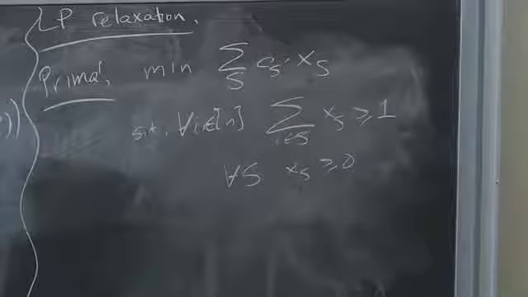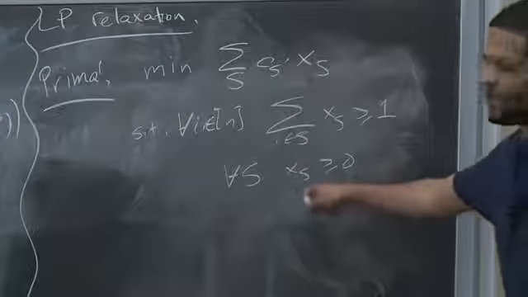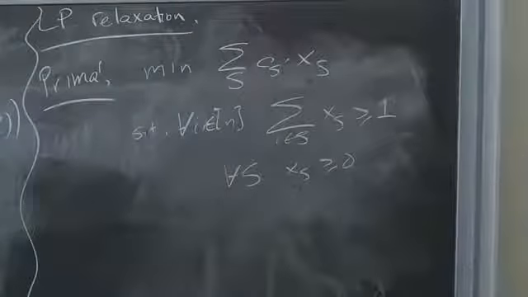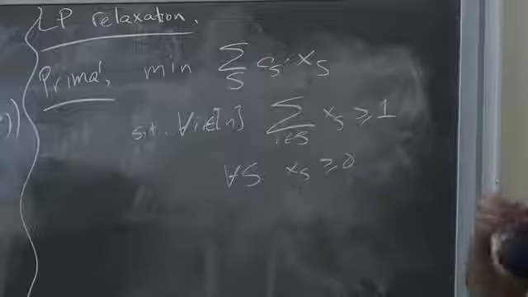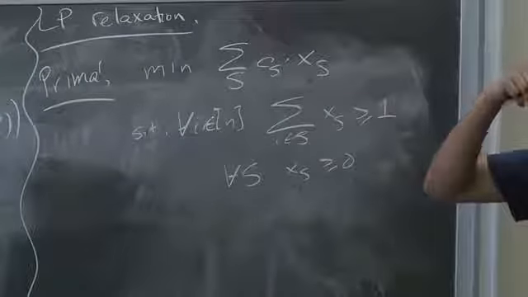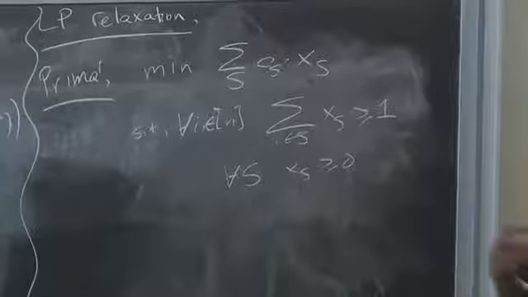I'm not going to get into it in this class, but there's actually a formal way of doing this. Given some integer programming optimization problem where you have integer constraints, there's a systematic way of getting more and more refined LP relaxations, which become better and better approximations to the integer constraints.